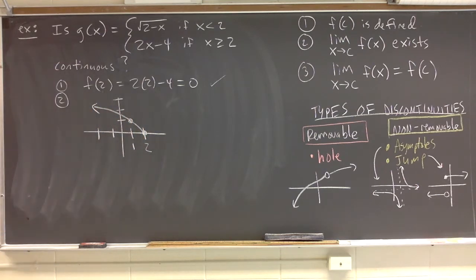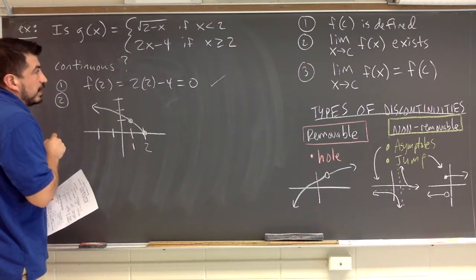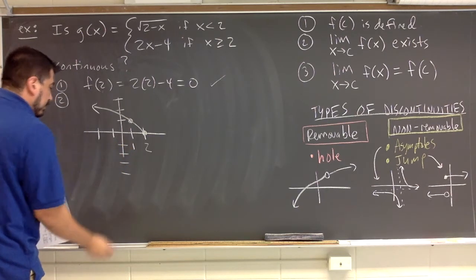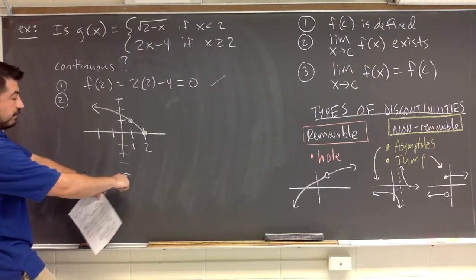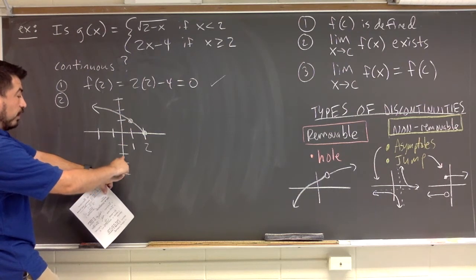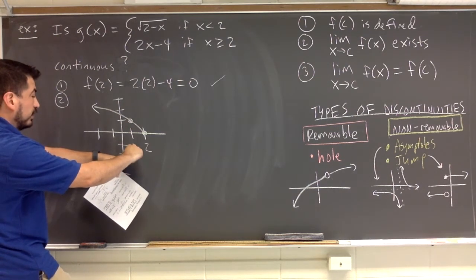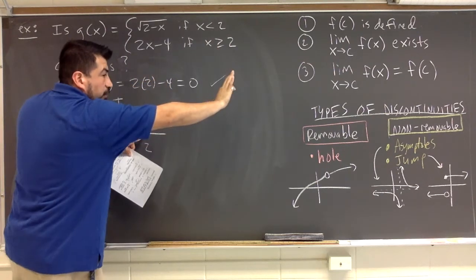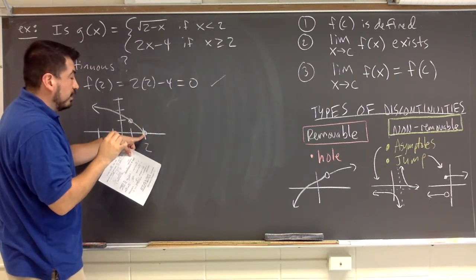Okay? But now, the second part of the graph, 2x minus 4, that would be y-intercept of negative 4, slope of 2, so I'd go up 2 over 1. But I don't want to start graphing until I reach 2 and onward, right? Because that's what that says for the second part of the graph.